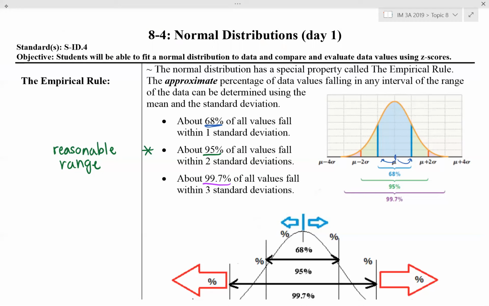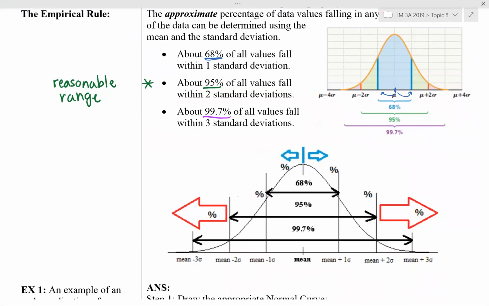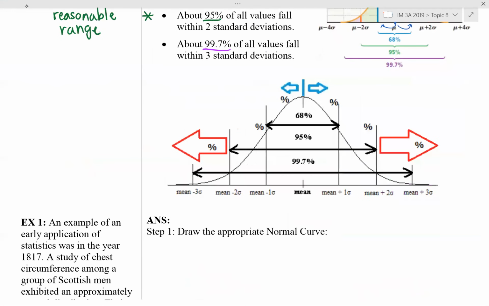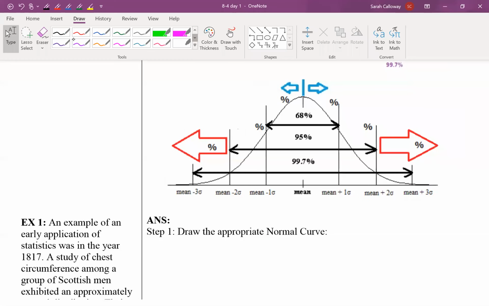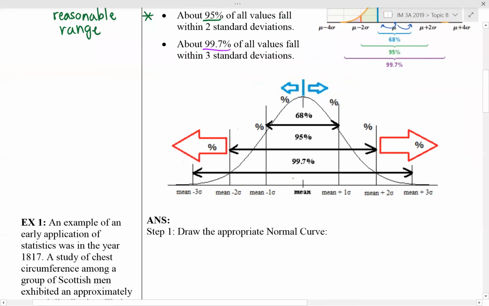So what we're going to use this for is to make some predictions. So we are given that the mean plus and minus one standard deviation holds 68% of the data. So if I think about breaking this up, because I will ask questions about certain values, we're going to look at what percentage of data fits essentially between each of these lines.